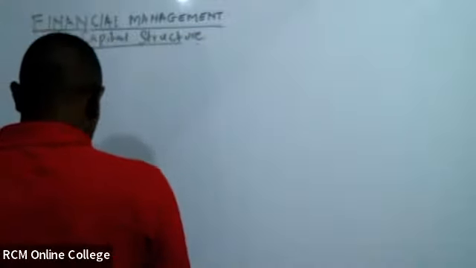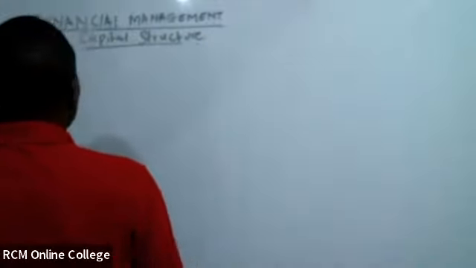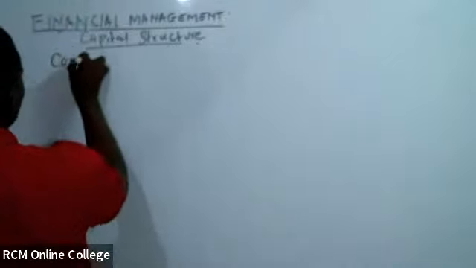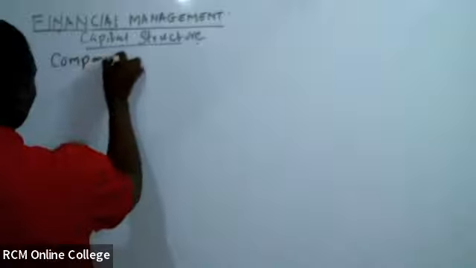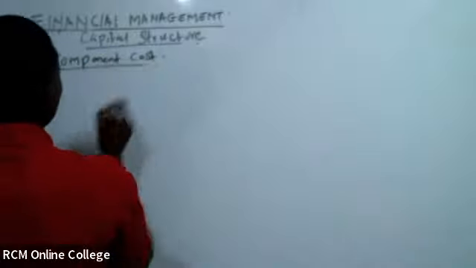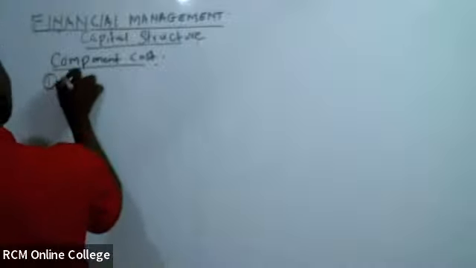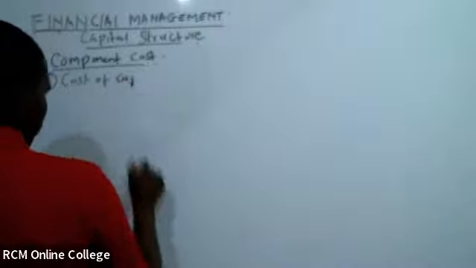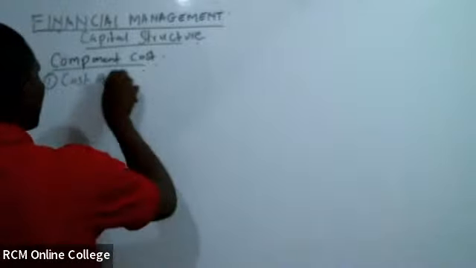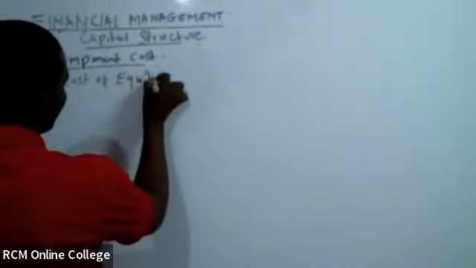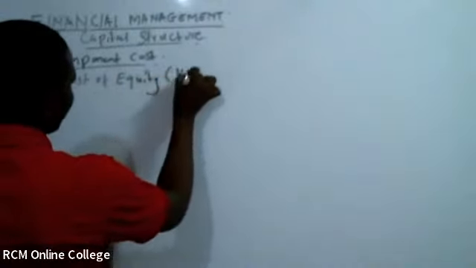Introduction. So when you talk about the component cost, remember, you're just reviewing, revising. So component cost, class, we have the first one as the cost of equity, symbolized as KE.